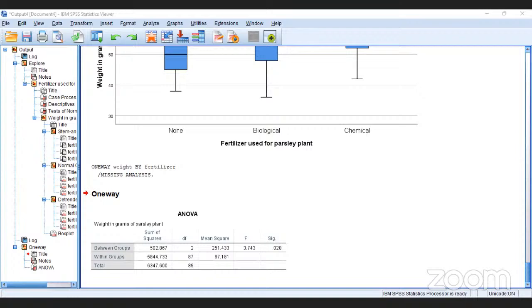How did you come out with the difference in significance? So is this significant or insignificant? So what's the implication? Fertilizers affect the growth of plants. The weight.